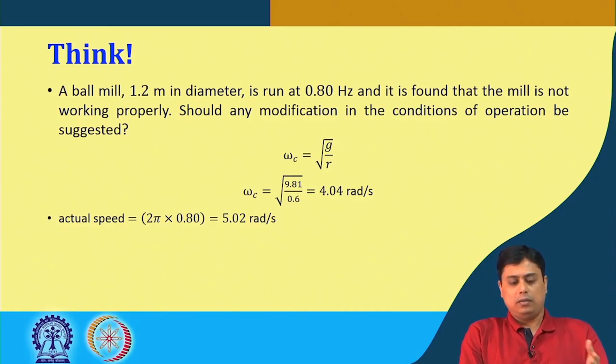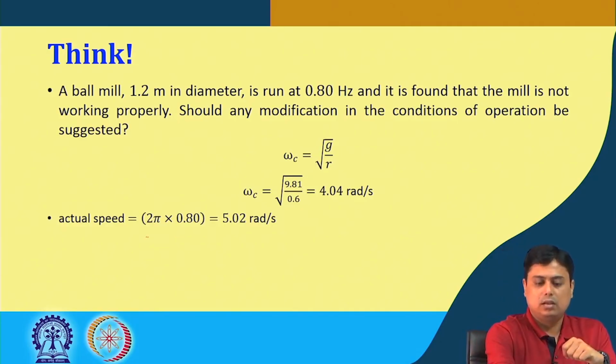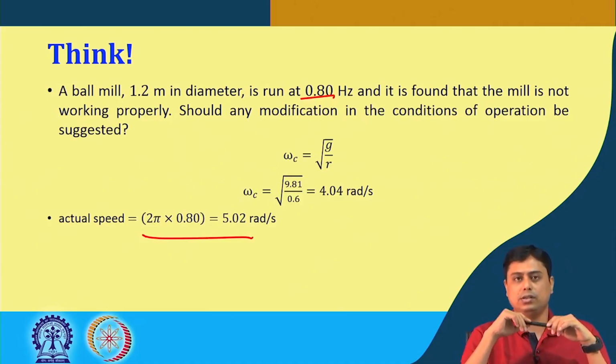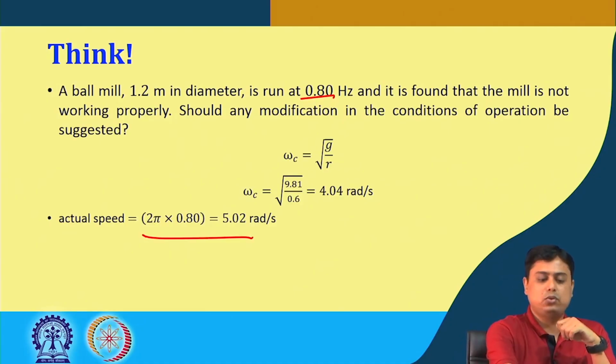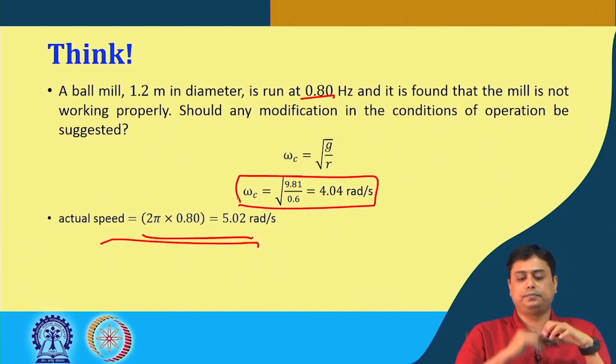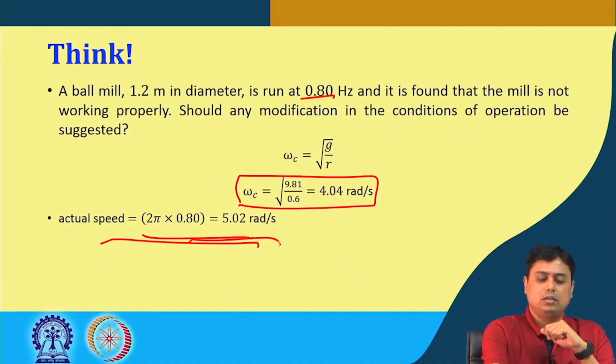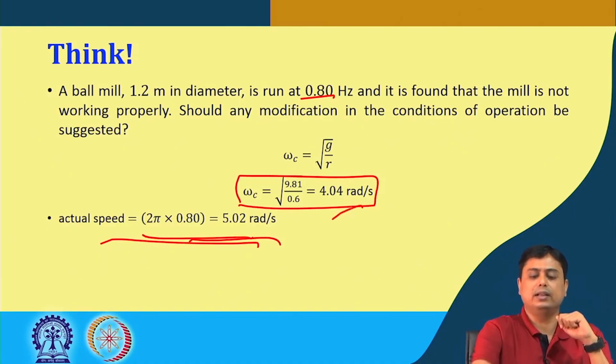This actual speed, we have it from 0.8 hertz. This is the actual speed, and this is the critical one. That is why it is not working properly, because the actual speed is quite higher than the critical speed.